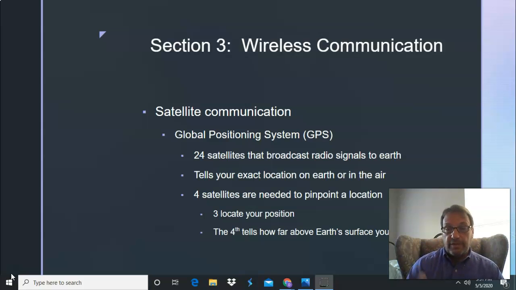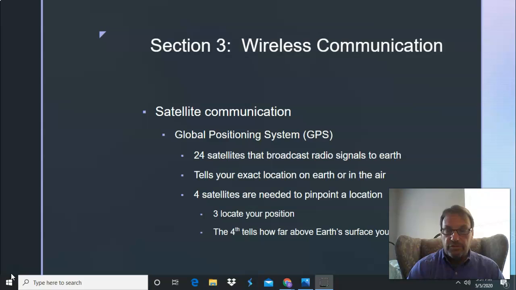But sometimes we do a lot of traveling. We may be flying in an airplane, or we may be climbing up high in a mountain, or we may be digging down low under the earth. So we have to have a fourth satellite to be able to tell exactly how far above or below Earth's surface you are.